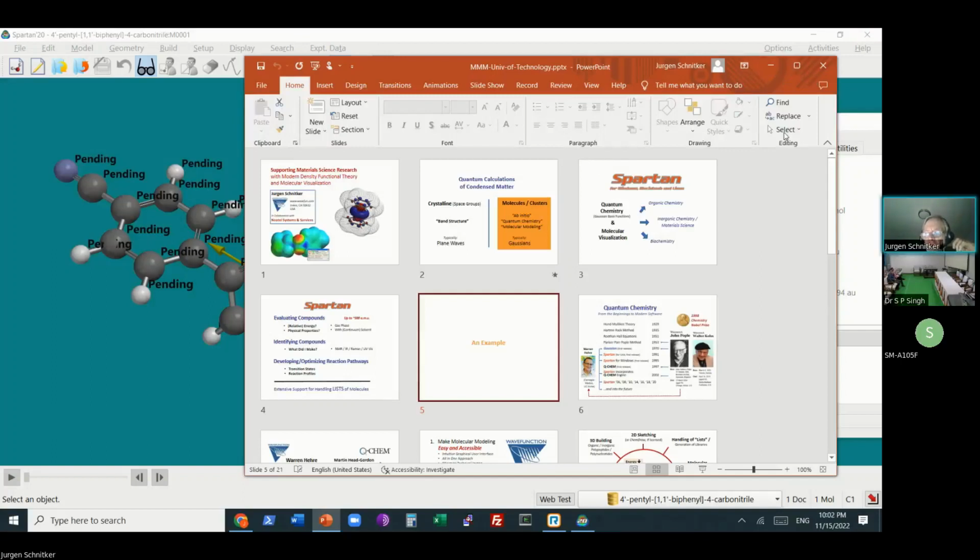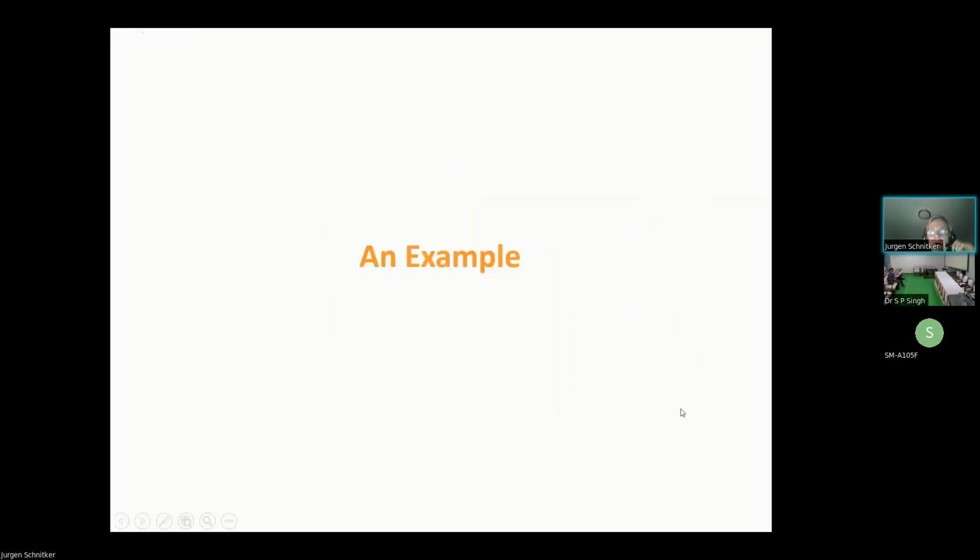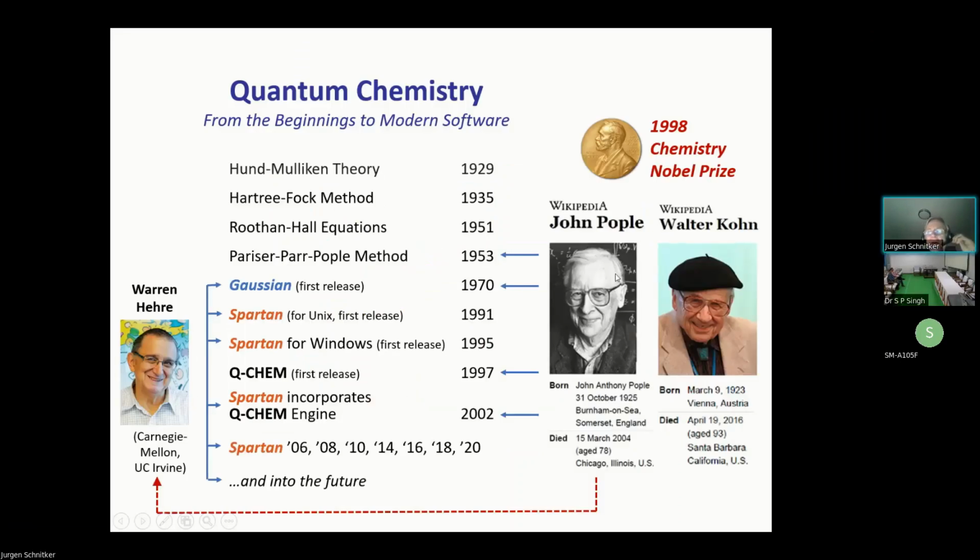So, in full screen. This is the slide, Yatindra already touched on that, basically the history of Wavefunction. John Pople, Warren Hehre started the company, and he is now in his 70s, but still going strong and still in charge of the company.